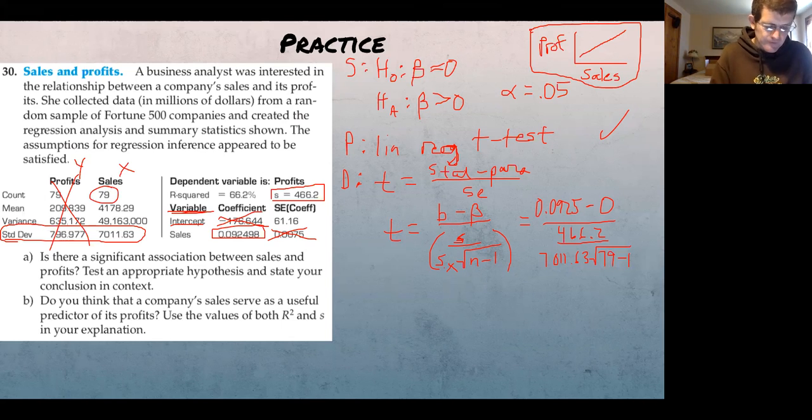All right, so now we can do the calculations. If we did this right, we should get 0.0075 in the denominator, and we can calculate everything out. Now I want you to plug that in your calculator, but it will equal 0.0075.